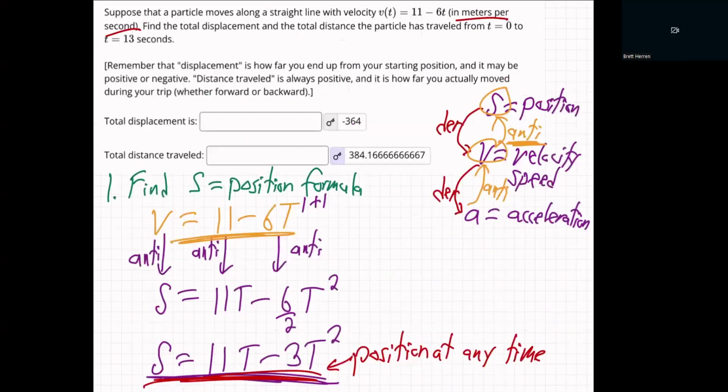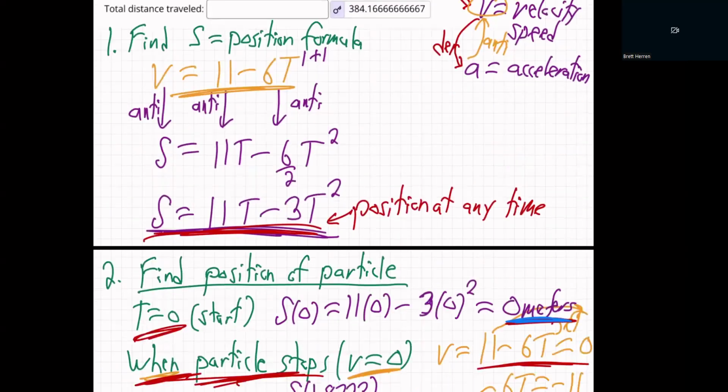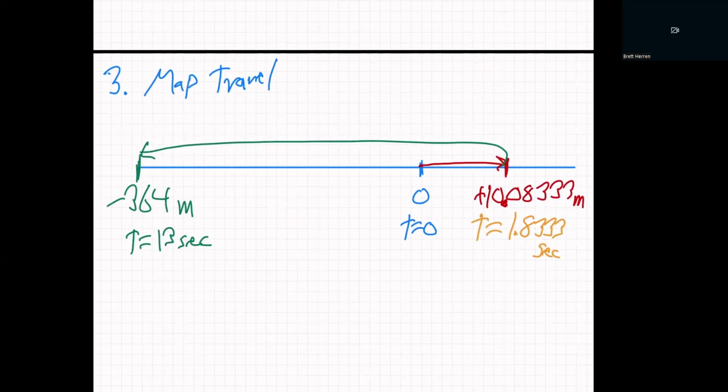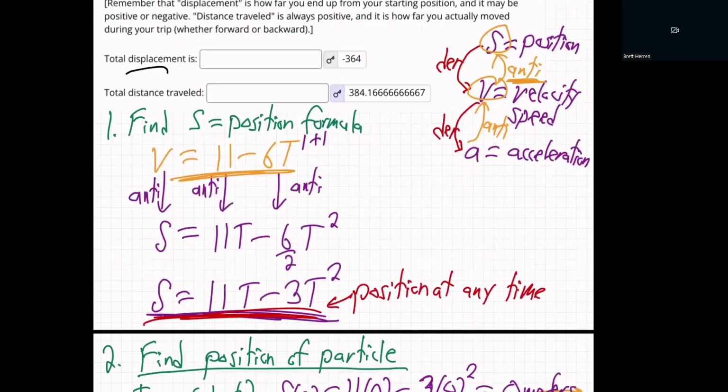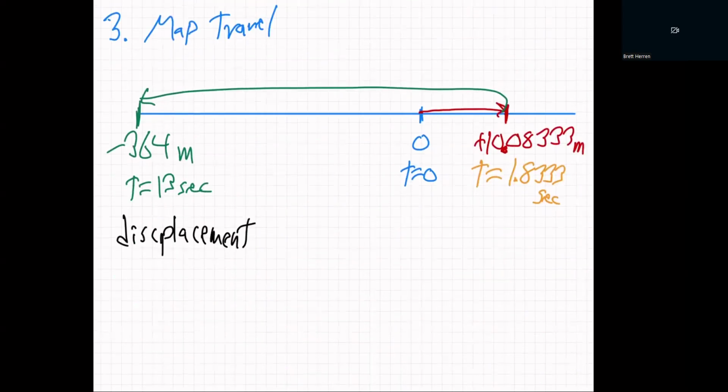First question is total displacement, meaning this displacement. Displacement is the end minus the start.